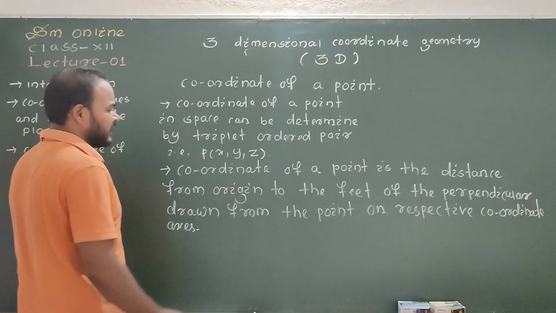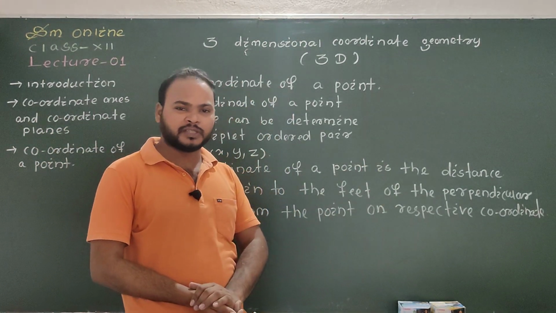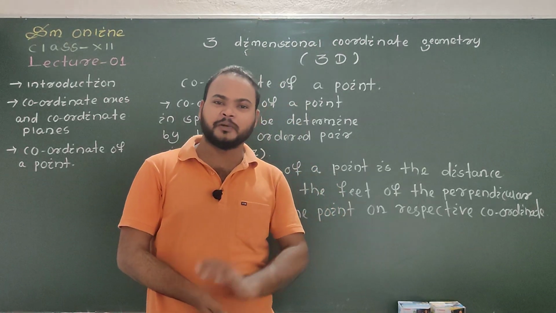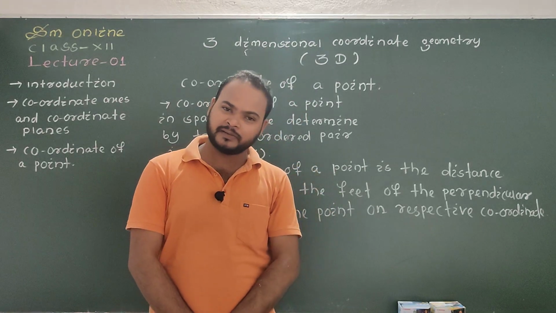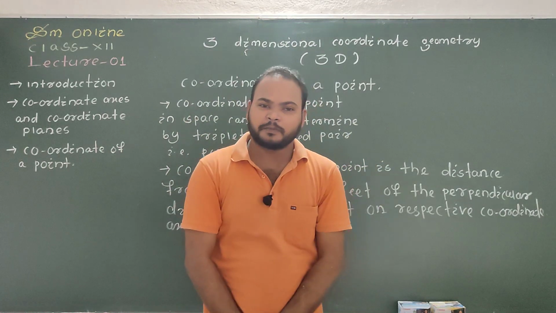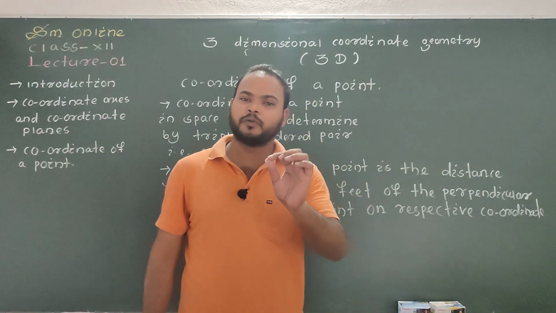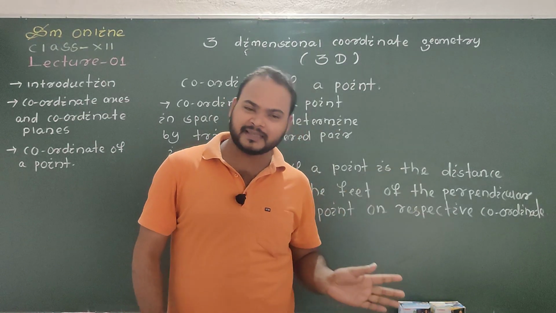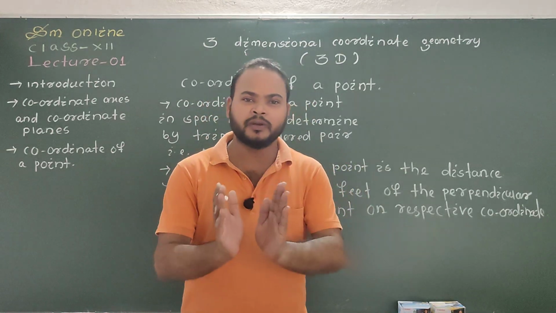If from the point we drop a perpendicular on the x axis, then the point where that line touches the x axis, the distance from the origin to that point is called the x coordinate. If we drop a perpendicular on the y axis, then the foot of the perpendicular dropped from the point P on the y axis, and the distance between that point and origin is known as what?